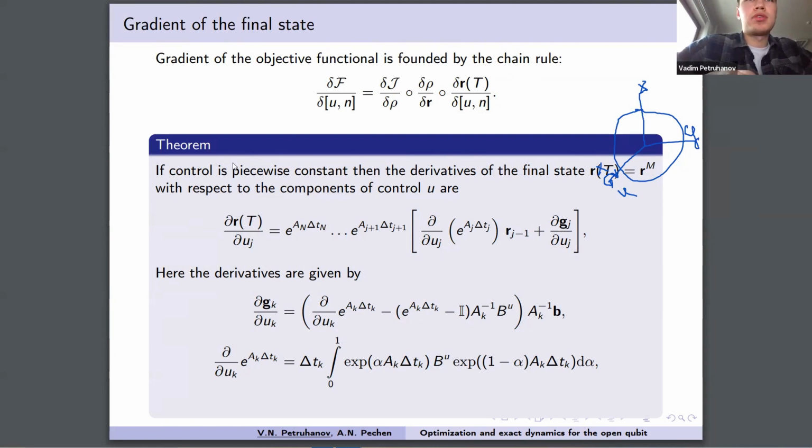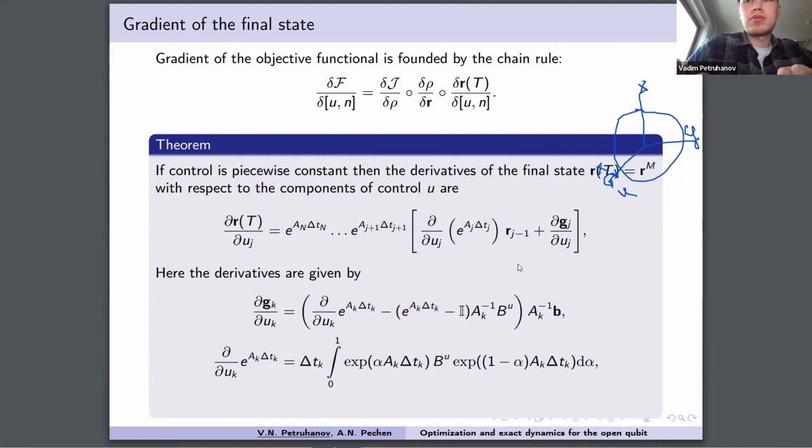As it is not very hard to derive gradients, we get here derivatives with respect to components of the coherent control and with respect to the incoherent control, but they look the same, so I don't write them here.